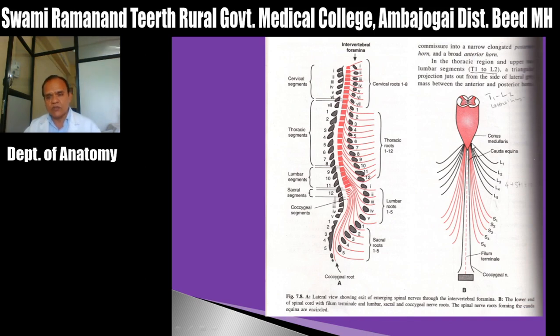So when you count the roots, these are the 10 nerves on one side, each with an anterior and posterior root. So 10 nerves on the right, 10 nerves on the left, total 20 nerves, and each nerve has anterior and posterior roots, and that's why the roots are 40.